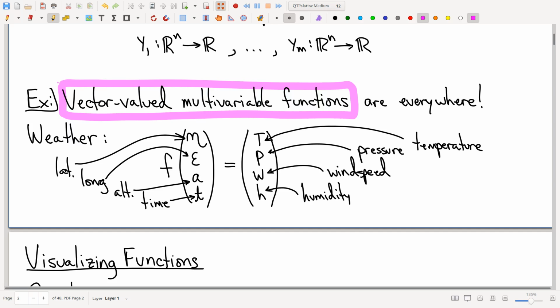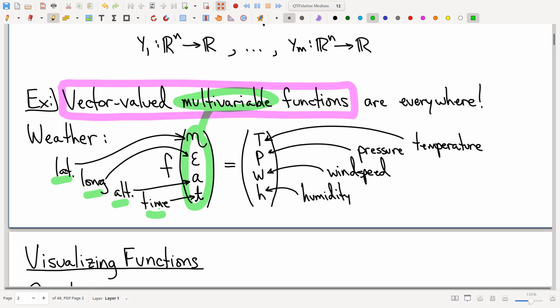Just to drive this home, let's talk about the weather, right? This is not a niche, abstract, weirdo kind of scenario. This is the most trivial of trite water cooler conversations, right? And yet it's multivariable because there are several input variables that determine the weather. Right? Weather depends on all of these things: latitude, longitude, altitude, how high up above the ground are you, time, right? Are you talking about now, or are you talking about last week?